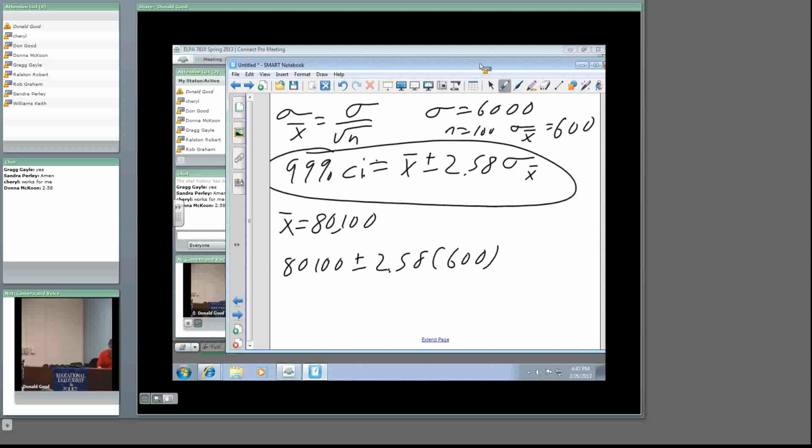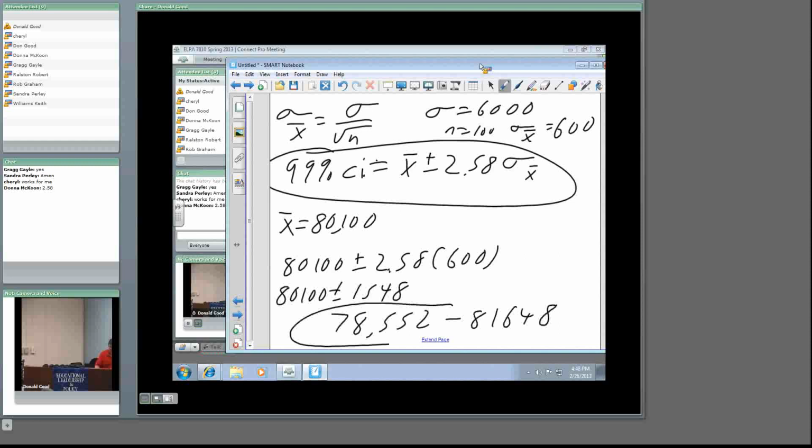So the 99% confidence interval is whatever 80,100 minus 1,548 is, which is 78,552, up to 81,648. So there's my 99% confidence interval.